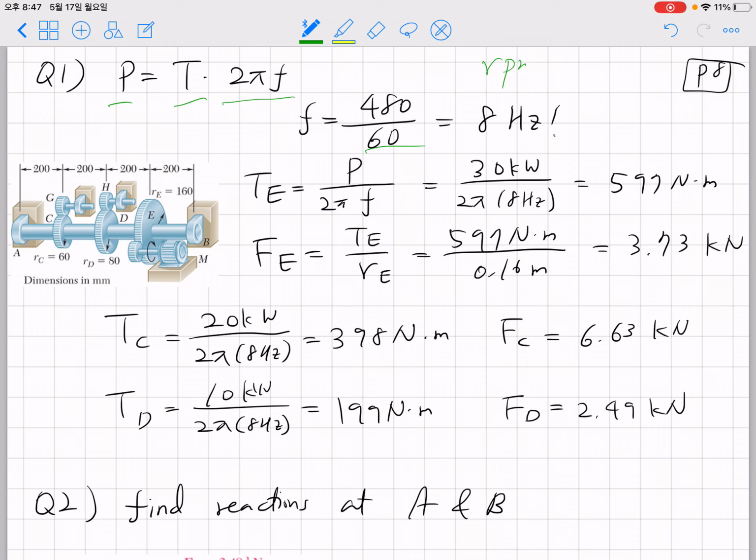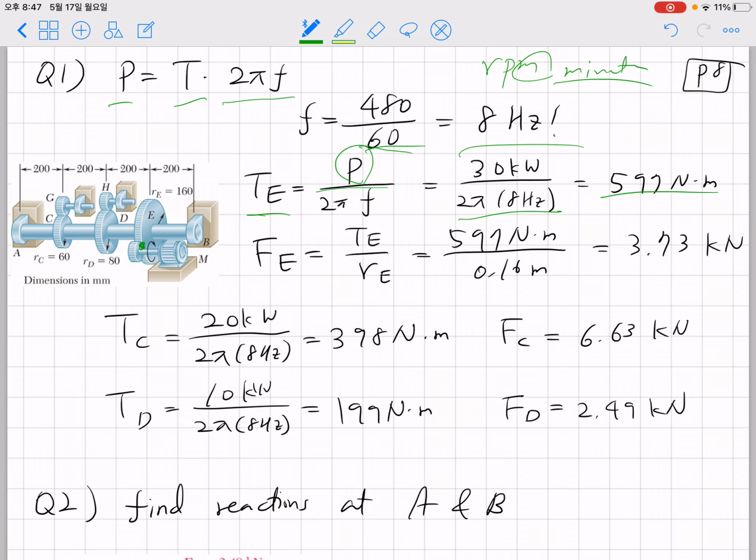RPM means rotations per minute, and 1 minute is 60 seconds, so you divide by 60 seconds, and it's 8 hertz, like 8 rotations per 1 second. If you plug this into the equation T equals P over 2 pi f, at this point the torque must be 30 kilowatt over 2 pi f, which becomes 597 newton meter.